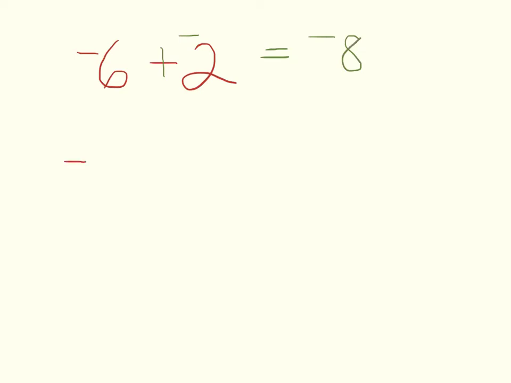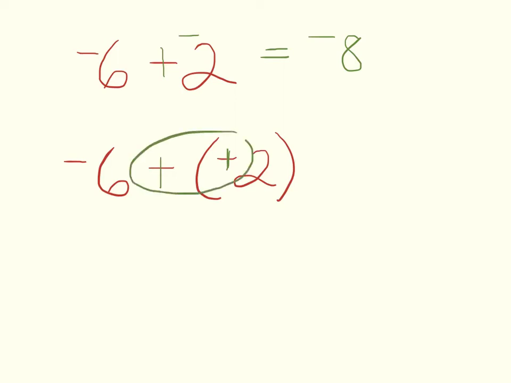If I have negative 6 minus a negative 2, well, it's going to be plus the opposite, which in the case of a negative 2 becomes a positive 2. So in a sense, these two negatives, when they're back to back, it's like the opposite of the opposite. They both become a positive. So I'm left with negative 6 plus 2, which will equal negative 4.